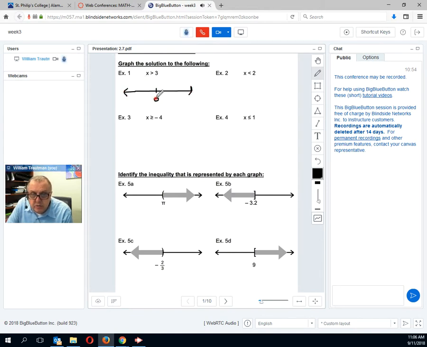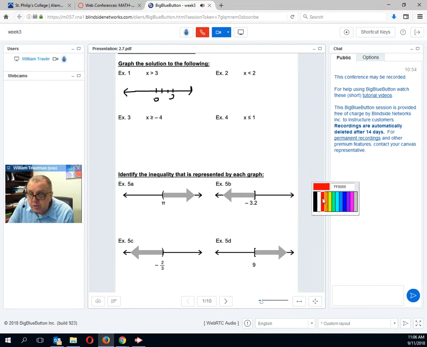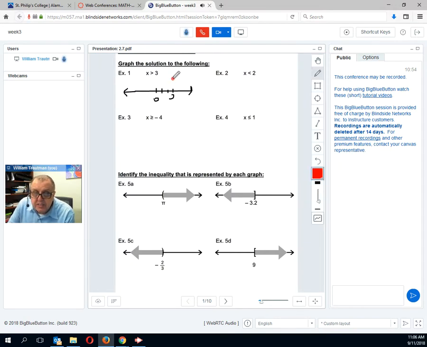Here's 0. And we want to graph x is greater than 3. So 1, 2, 3. Here's 3. Graphing x is greater than 3. I'm going to put it right above the graph. X is greater than 3. So these are all the numbers greater than 3.